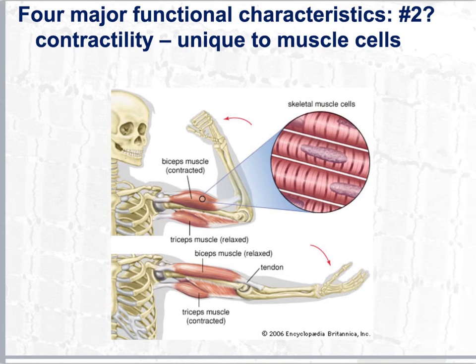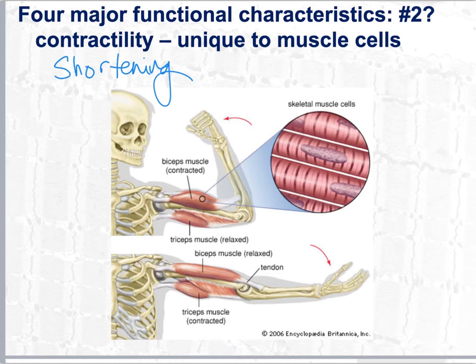Next, uniquely, muscle cells are able to contract. When muscle cells contract, they shorten. And as a muscle shortens across a joint, it's going to cause a movement.